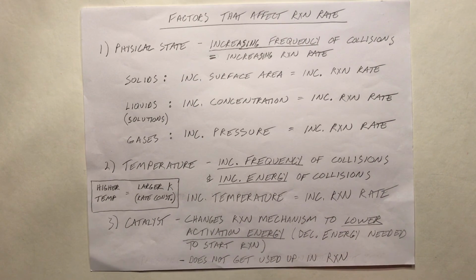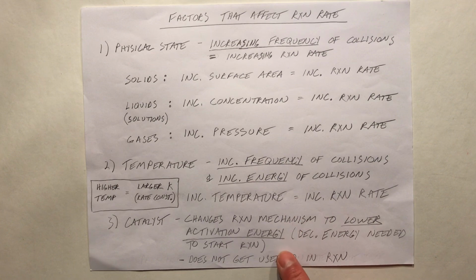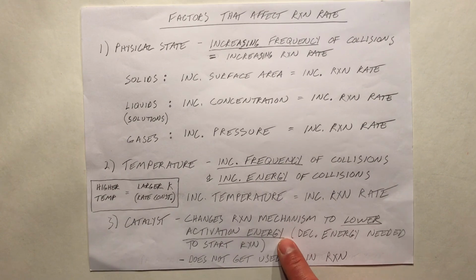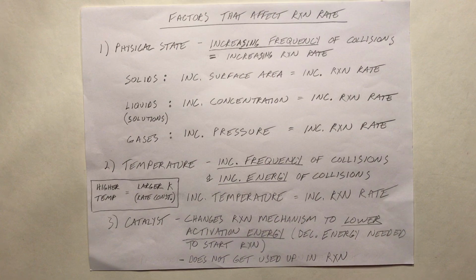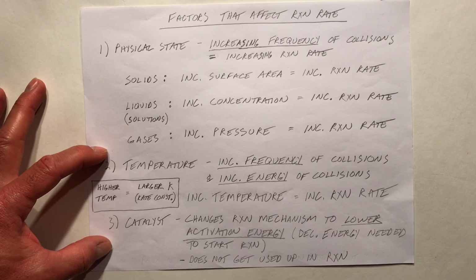And we're going to find out that when you have a catalyst, it will always lower the activation energy. Although catalysts can change reaction mechanisms in different ways, they all do the same thing. Catalysts always lower activation energy, and that would cause reactions to happen more quickly. In other words, it would increase the rate of reaction. And again, we're going to take a look at temperature and a catalyst in some videos coming up.